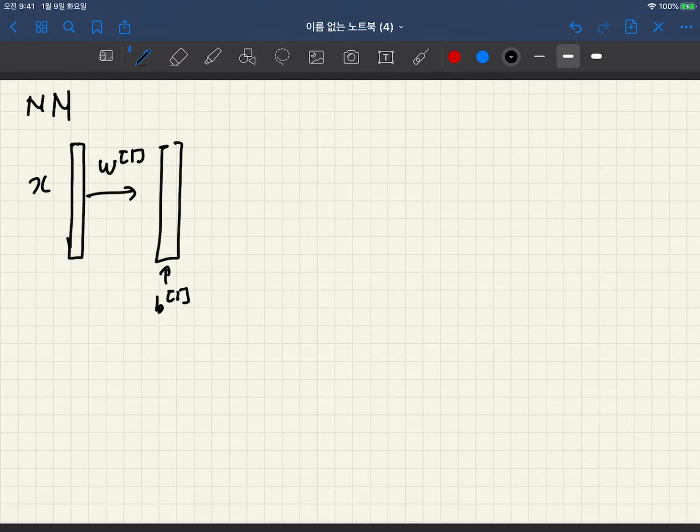So here I will use the notation a bracket number to denote the values or vectors at layer 1, this is A1, at layer 2, this is a bracket 2, and so on.